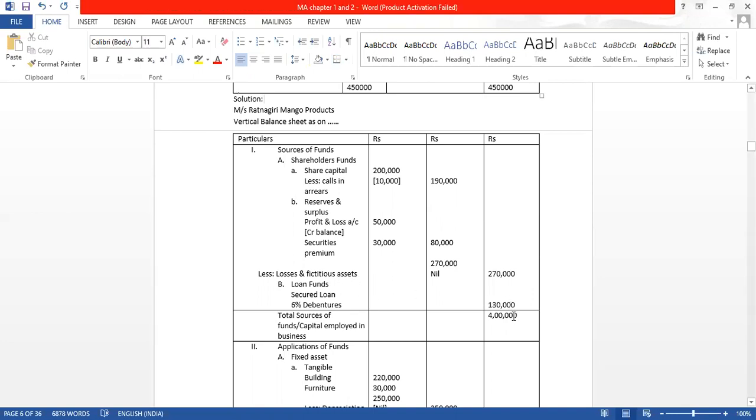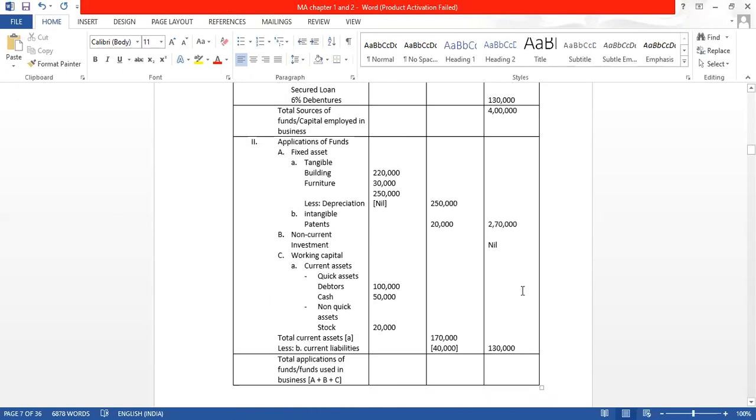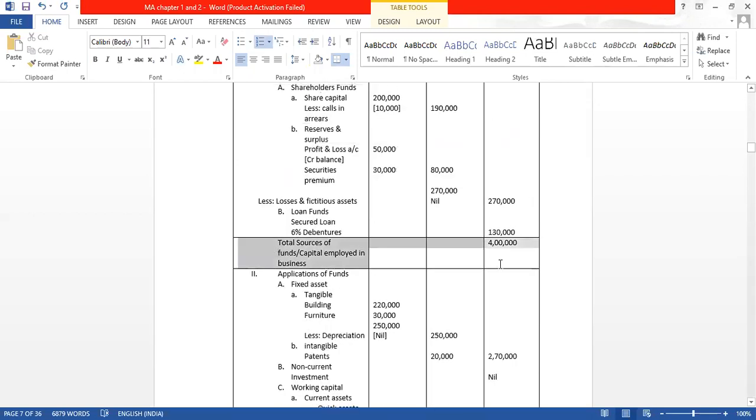Loan fund total was 4 lakh, and where was the 4 lakh used? To buy fixed assets, tangible and intangible, and it can also be used for working capital. In this question investment is 0. We have not invested. And working capital, which is the day-to-day working of the business, is current asset minus current liability. Adding everything, we are getting 4 lakh, from which we can say that our balance sheet has tallied.